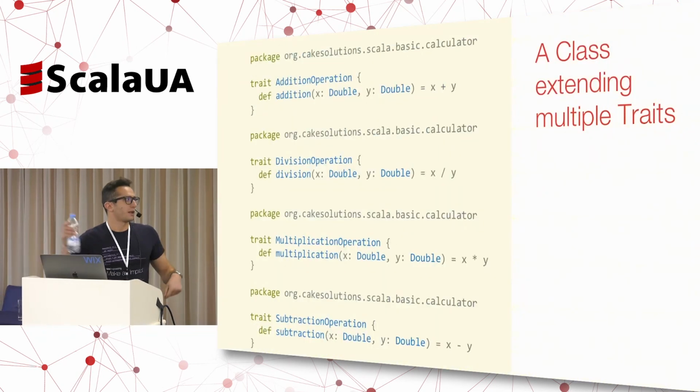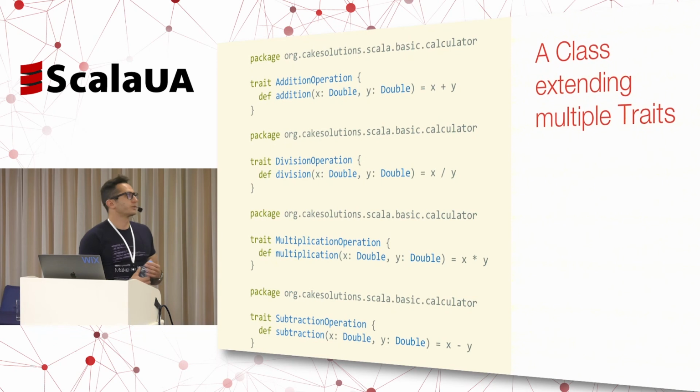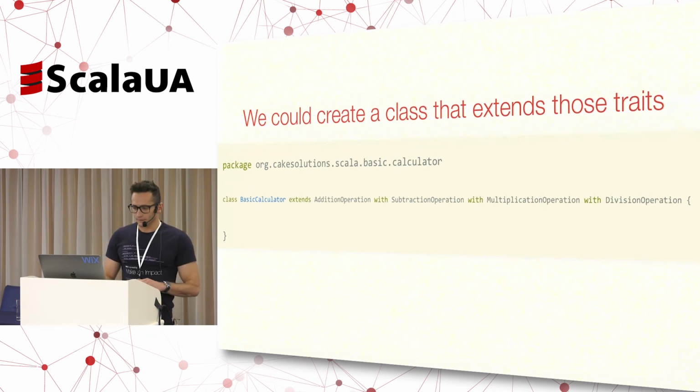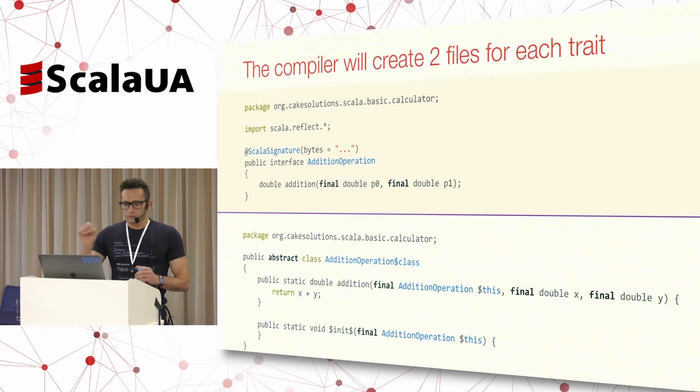Another thing we have in Scala is a class extending multiple traits. So if we have several traits like addition, division, multiplication, and subtraction, we would like to have a class that extends all of them. BasicCalculator extends all these operations that we saw before. So what does the compiler do?